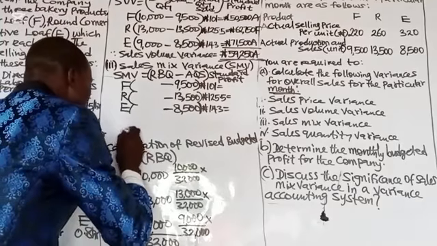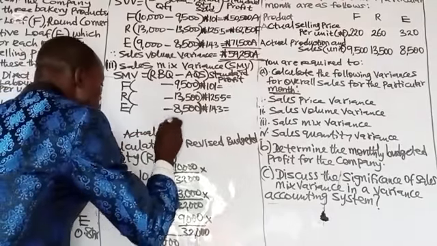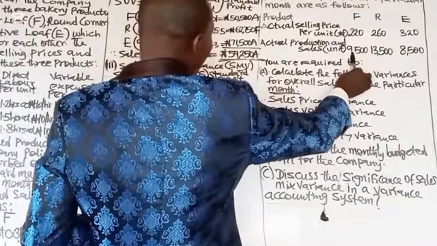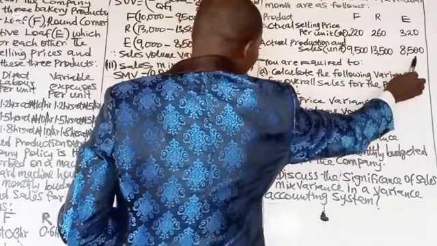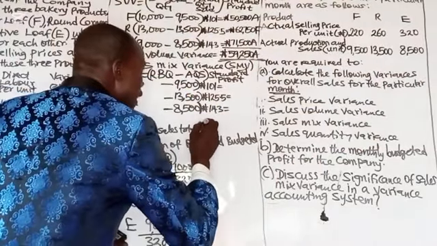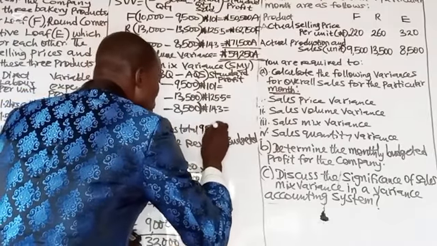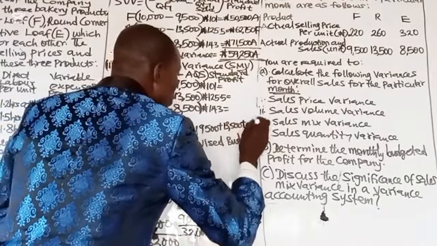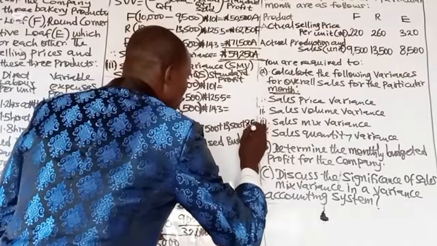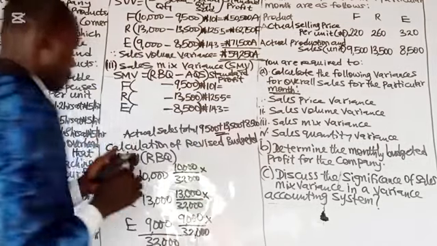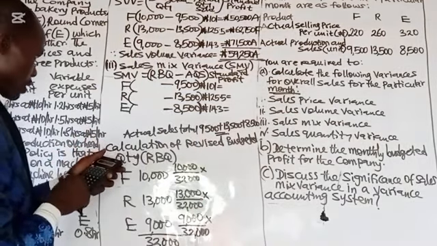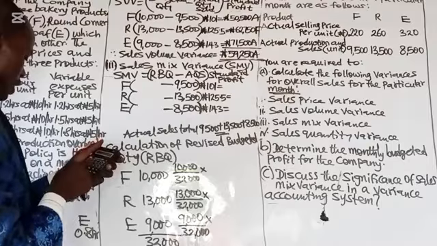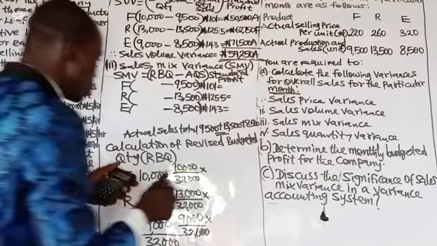Our actual sales: 9,500 for F, 13,500 for R, and 8,500 for E. What is the total? 9,500 plus 13,500 plus 8,500. Our actual sales total is 31,500 units.